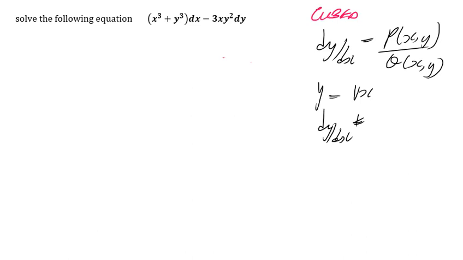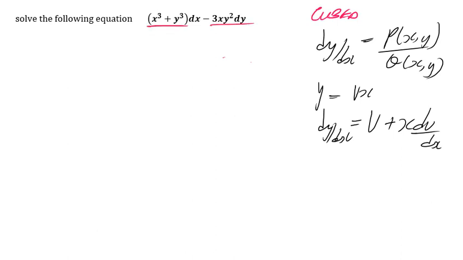If it's homogeneous, you first let y equal vx, then dy over dx equals v plus x dv over dx.